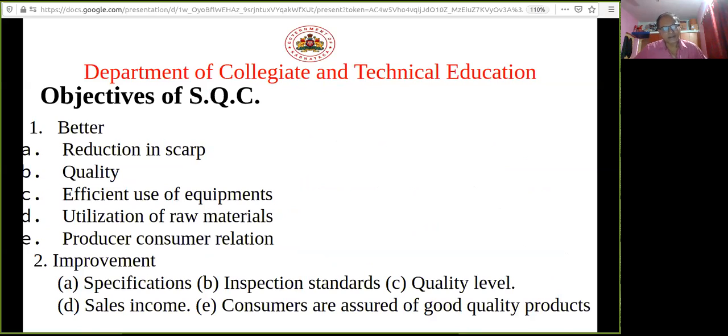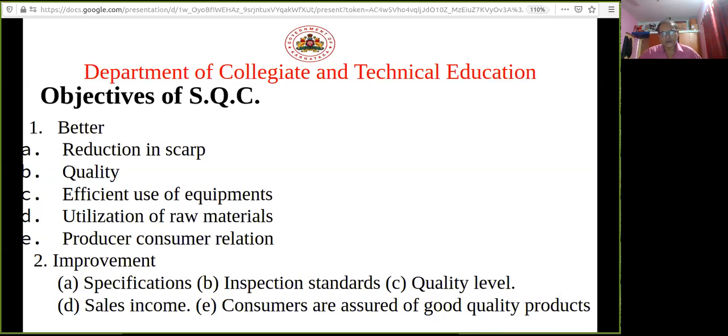We are utilizing better raw material, and there is a better producer and consumer relationship. We improve the specifications of the products, because of the many things involved in SQC. Inspection standards will be increased because we are using many sophisticated tools here.